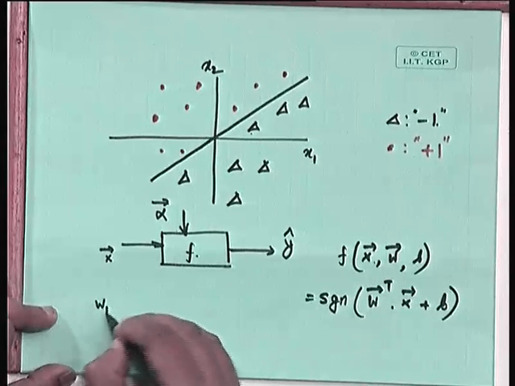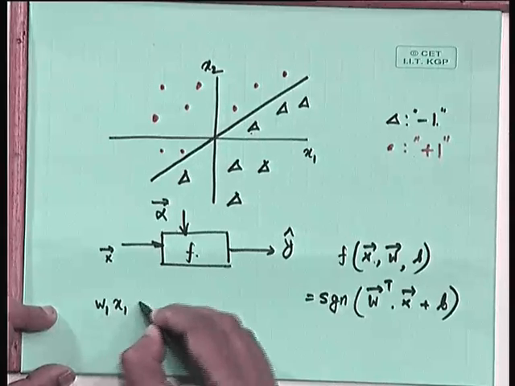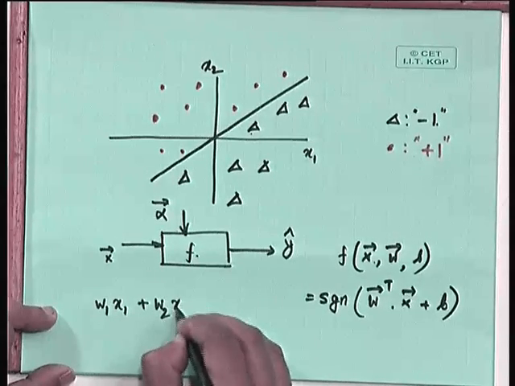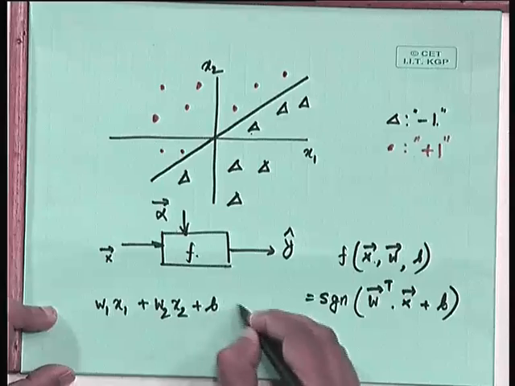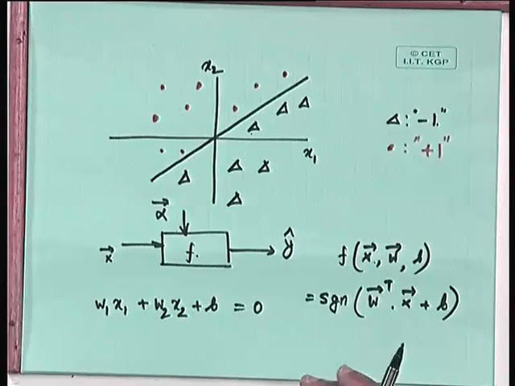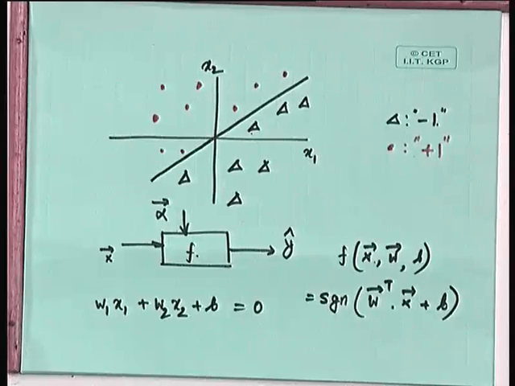For this the decision boundary equation will be w1 x1 plus w2 x2 plus b is equal to 0. Greater than that will classify the patterns into this class, less than that will classify into the other, and here b is indicative of the intercept of the straight line. So, if we vary b, then what we are varying is the bias or the intercept of the straight line.